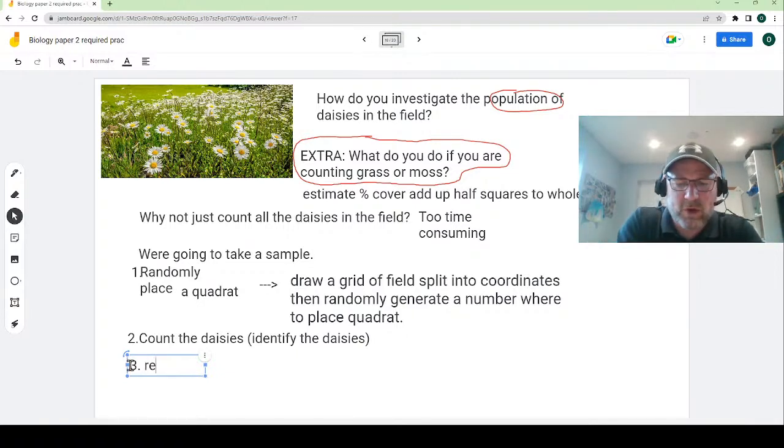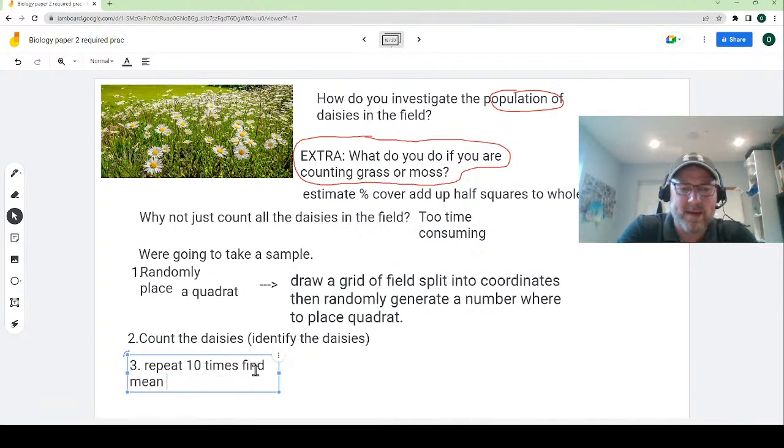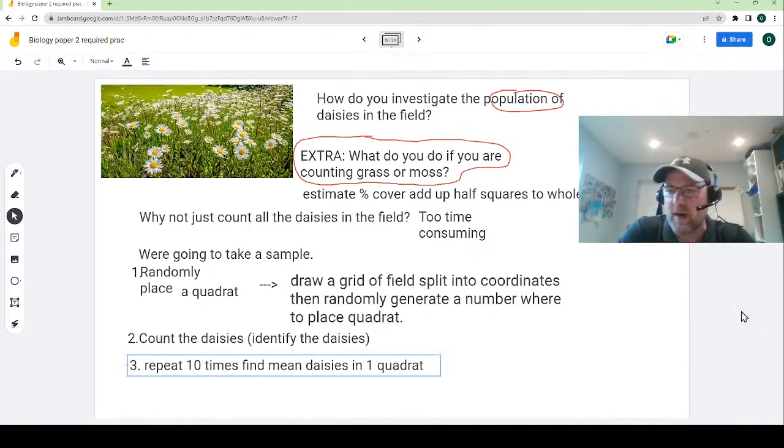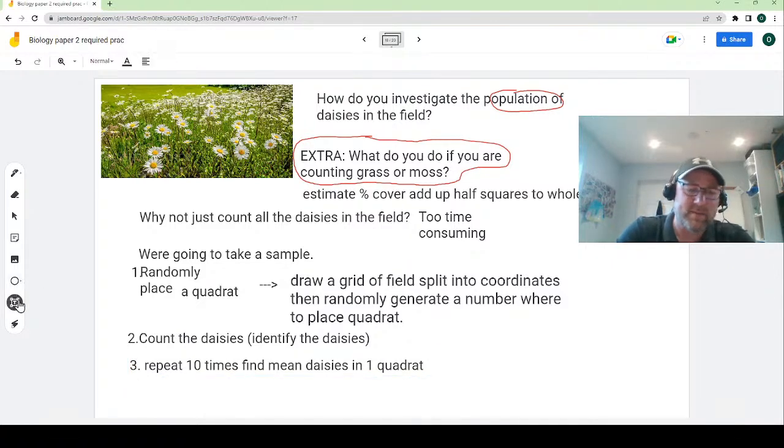You could say repeat. I'm going to say 10 times just to be extra, but you can say 5. 5's generally on the mark scheme, the minimum you need to do. So repeat 10 times, then find mean daisies in one quadrat. Cool. That's going to make your test much more reliable, and it's going to get rid of some error.